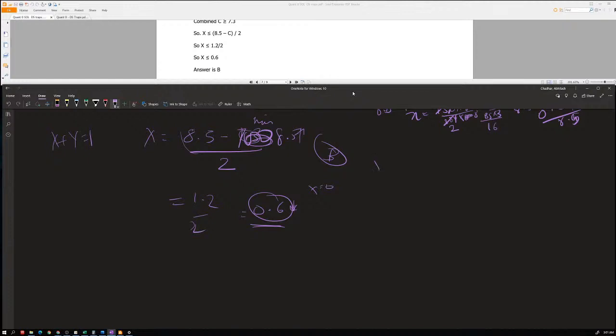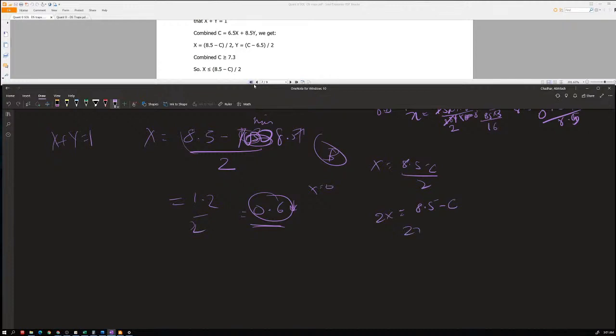So they made it like x is equal to 8.5 minus c by 2. That's the magic there, because we need to solve this. So what they did is, first of all, I think they took, how did they come up with this? This is like for them 2x is equal to 8.5 minus c.